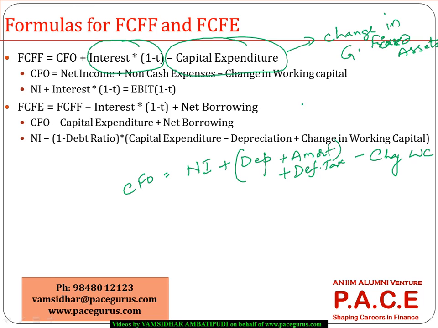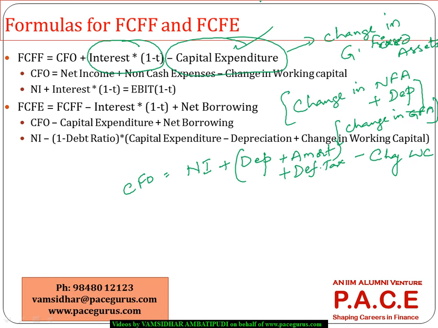So if I am handling it at a net level, it is change in net fixed assets plus the depreciation for this period. You can work out whether you are looking at gross fixed assets or net fixed assets. If it is gross fixed assets, you can directly take the change in gross fixed assets, with no depreciation to be added. So that is what we are calling capital expenditure.